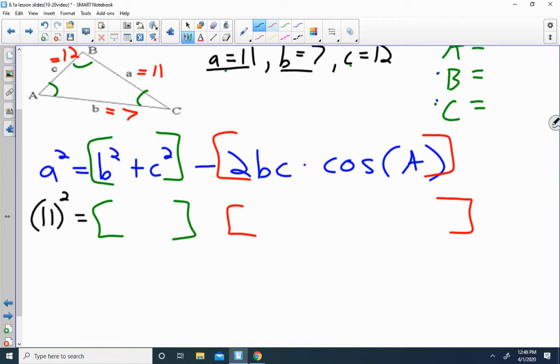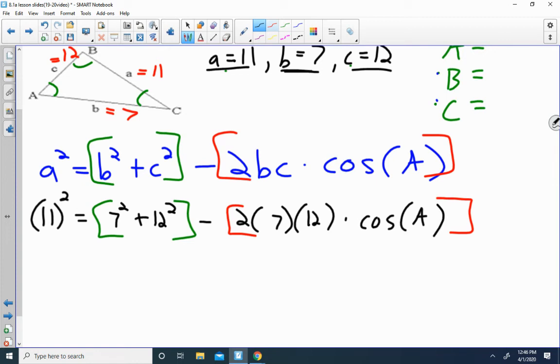B squared will be a 7, that's going to be 7 squared. And then plus c squared, where c is 12. And that's going to be minus 2 times b, which is 7, times c, where c is 12. And then, again, multiply that by cosine of A. All right, we got everything plugged in.